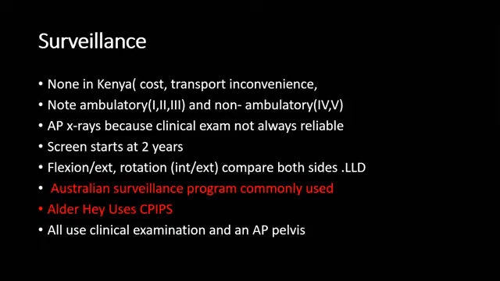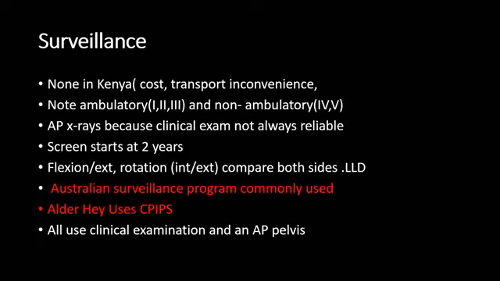Then, of course, if there is tightness or reduced motion in flexion, extension, and rotation, which is internal and external rotation, that may affect the normal hip anatomy relationship. Limb length discrepancies are a common observation.